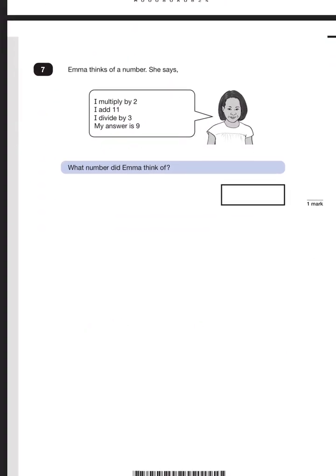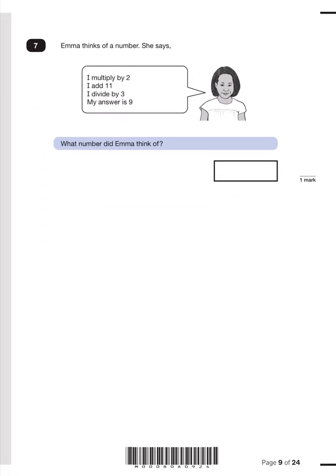And number 7. Emma thinks of a number. She says, I multiply by 2, I add 11, I divide by 9, I divide by 3, my answer is 9. What number did Emma think of? So to work out the number that Emma thought of, we need to go backwards and do the opposite.